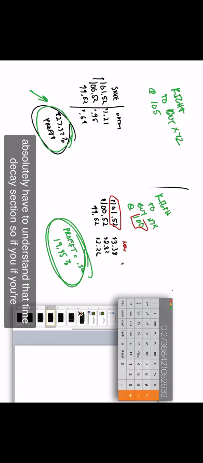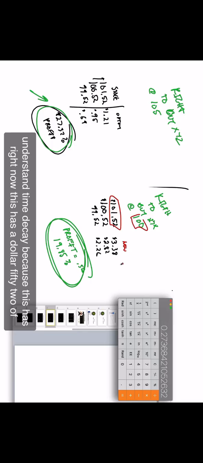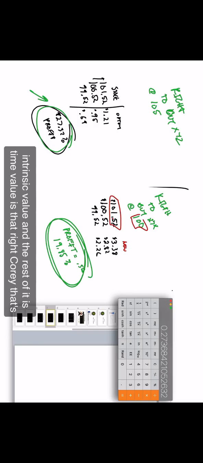That's why we absolutely have to understand that time decay section. So if you're confused right now, you really need to go back to the review section and understand time decay, because this has $1.52 of intrinsic value, and the rest of it is time value.